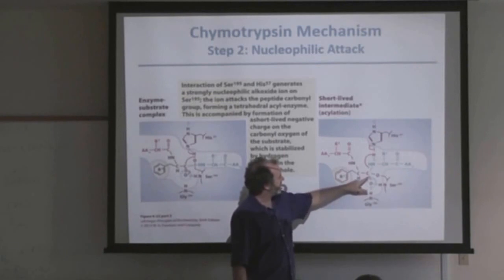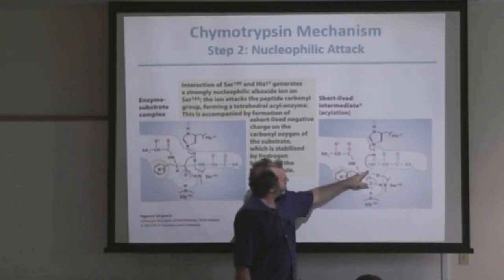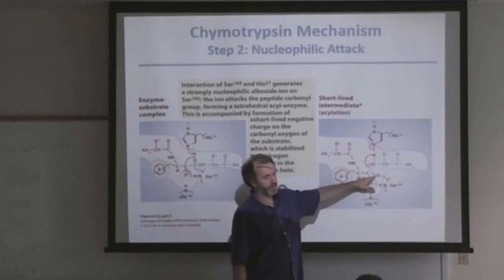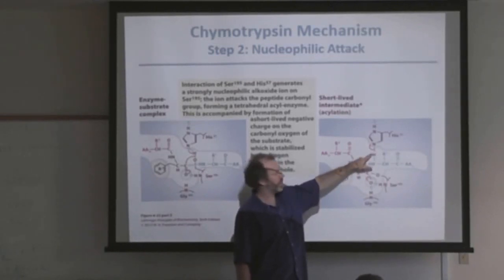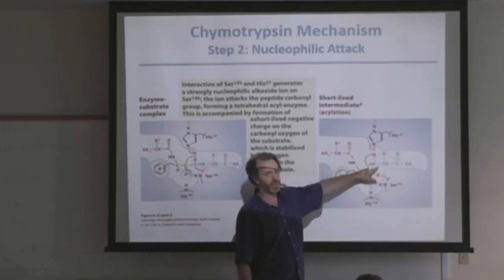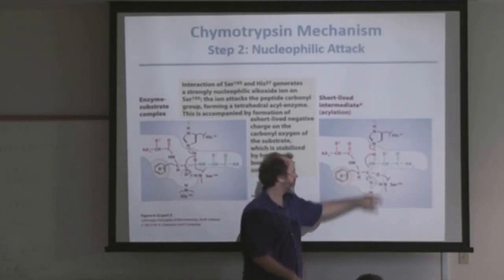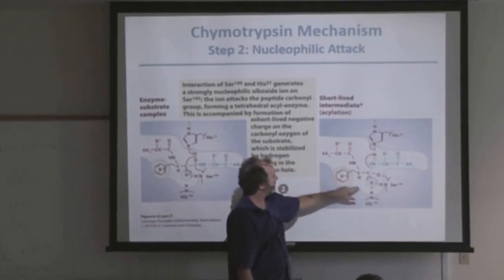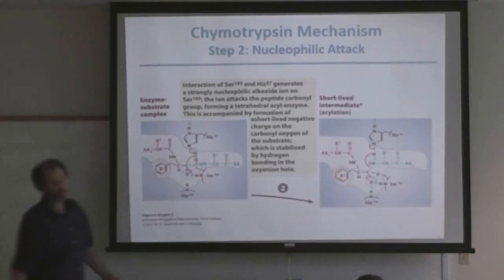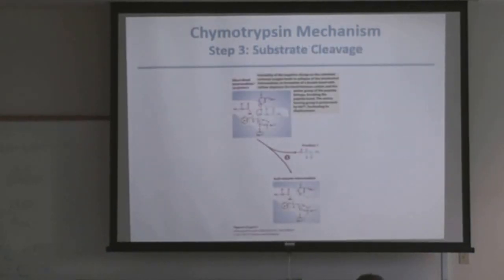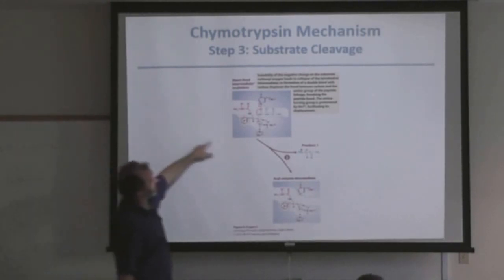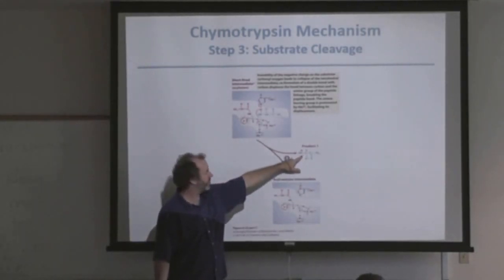The electrons go back down, forming a carbonyl, and you're still covalently bound on this carbonyl to the serine, where the electrons in the peptide bond will then pick up the hydrogen from the histidine base, and you have a new amino terminus on a peptide that was just cleaved by the chymotrypsin, and then a covalent intermediate that will have a new C terminus on the N-terminal side of the original protein. So that's how you get substrate cleavage. Your first product comes off with a new amino terminus.